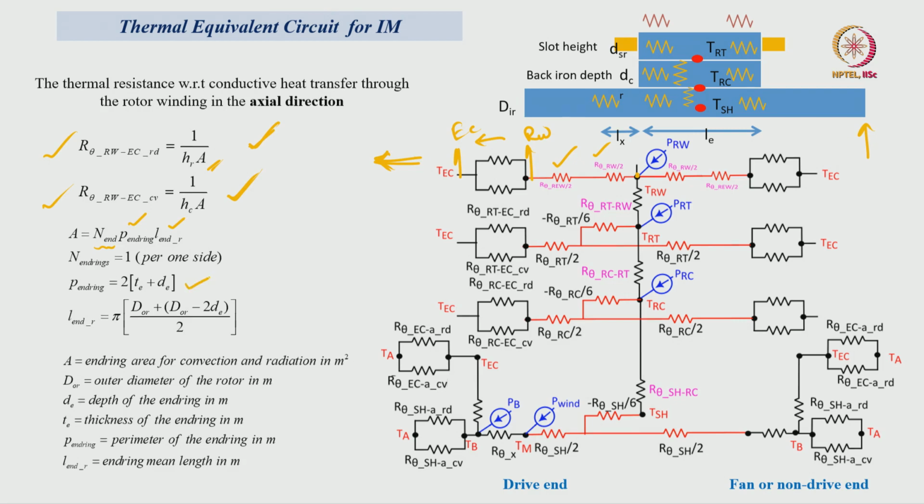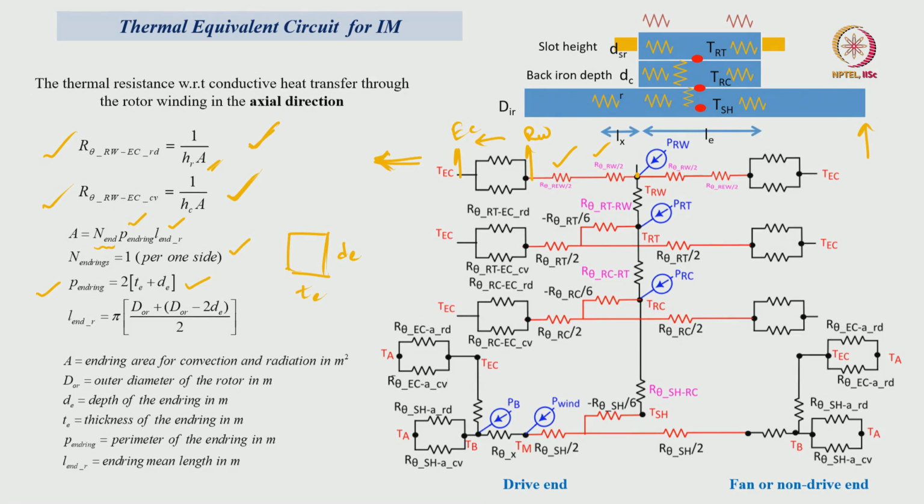So, the perimeter of the end winding we can calculate with respect to the thickness. Let us consider this is the end winding. The thickness will be TE and depth will be DE, then the perimeter will be 2 into (TE plus DE), that is what we calculated during the induction motor rotor core design. The number of end rings will be 2 in a squirrel cage induction motor rotor.